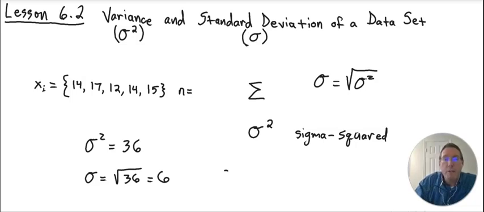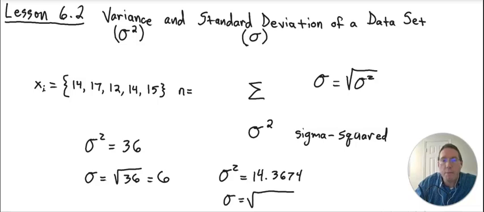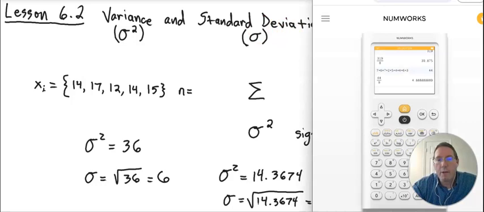If I told you that the variance of a data set was 14.3674, then sigma, the standard deviation, would simply be the square root of 14.3674, which we could find in the NumWorks calculator.